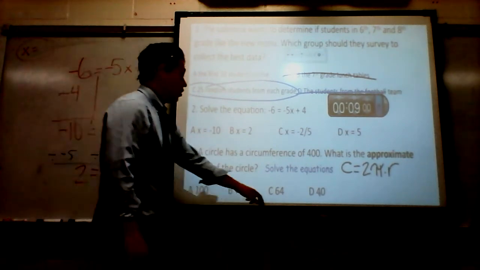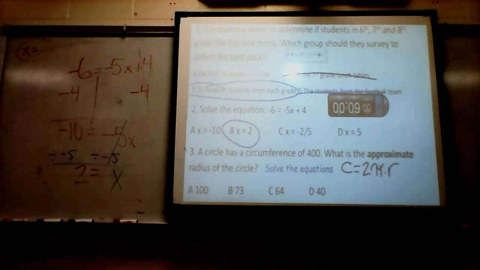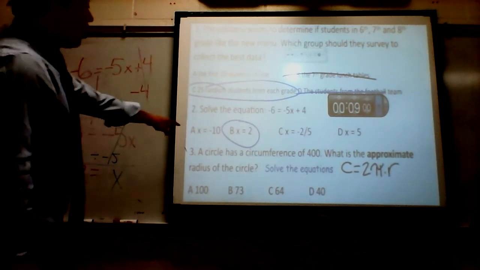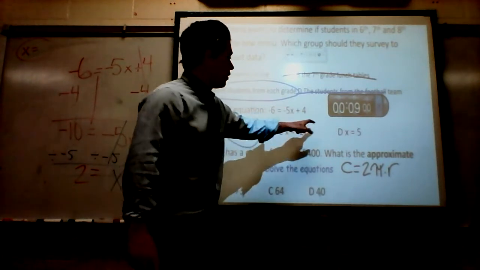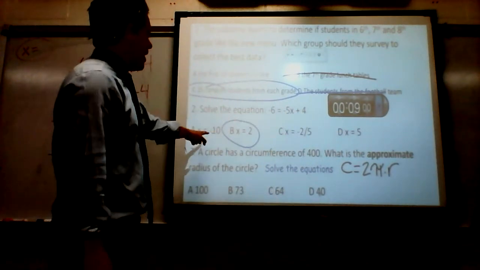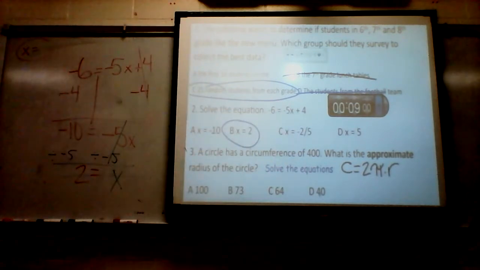So the answer for number 2 is B. X is the same as +2. Another way you could have solved this is using your calculator. You could have plugged in each answer choice for x and done -5 times the answer choices, add 4, and see if it gives you -6.